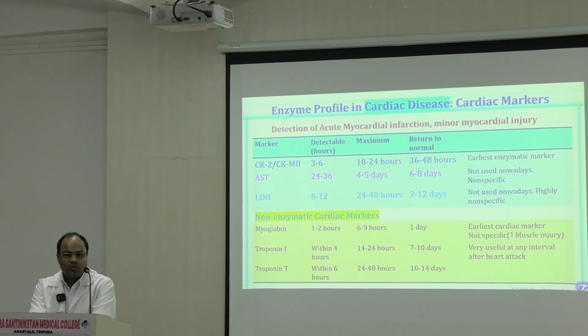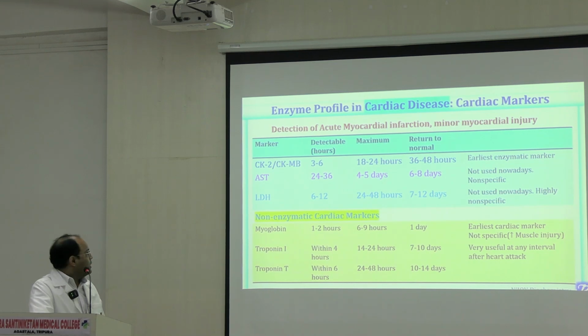So in today's class we are dealing with some enzymatic markers seen in acute myocardial infarction. You see the marker creatine kinase, the CKMB part is raised. These markers you can divide into two types: enzymatic markers and non-enzymatic markers in acute myocardial infarction.